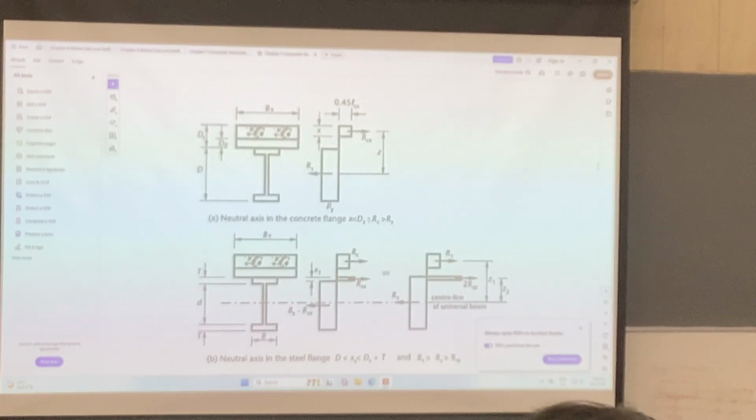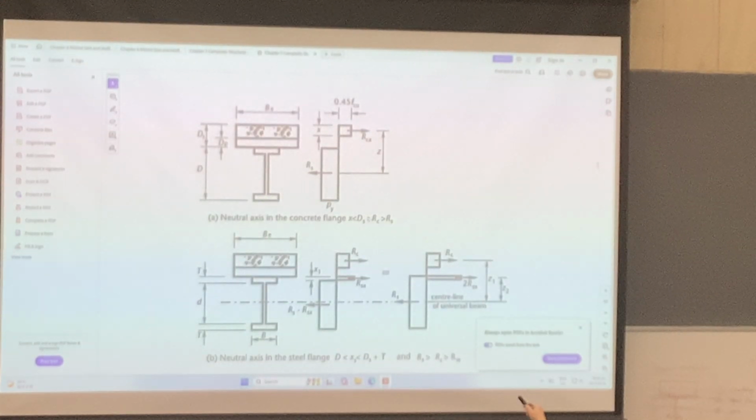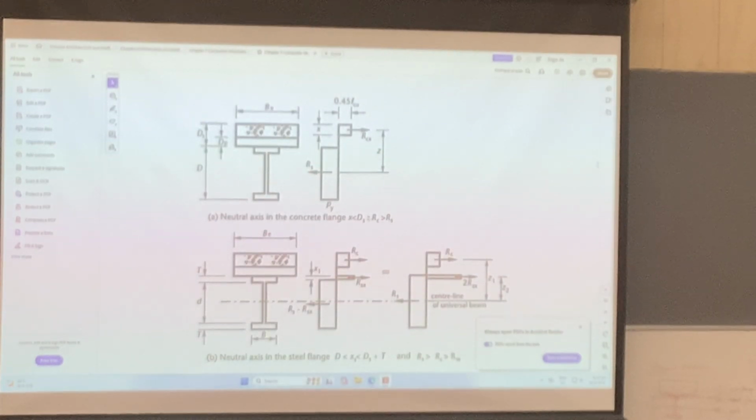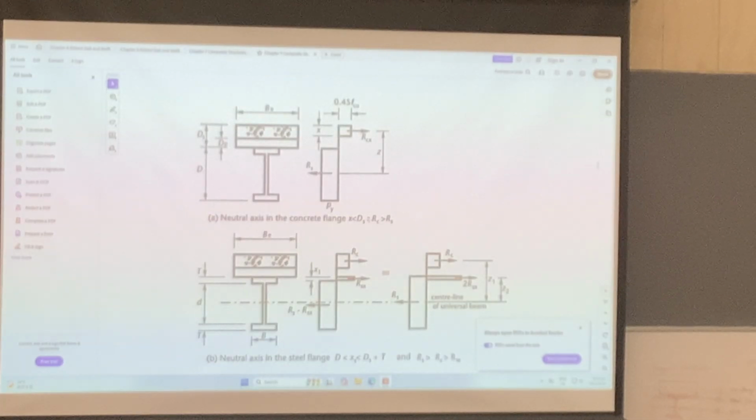Now you can see that if the neutral axis is within the concrete flange, the top part here is compression. So this is the concrete compression. And then below, all of them are steel. So the whole steel will be in tension. So you have concrete compression at the top, steel tension at the bottom, and then you multiply with the moment arm. So this is the moment capacity.